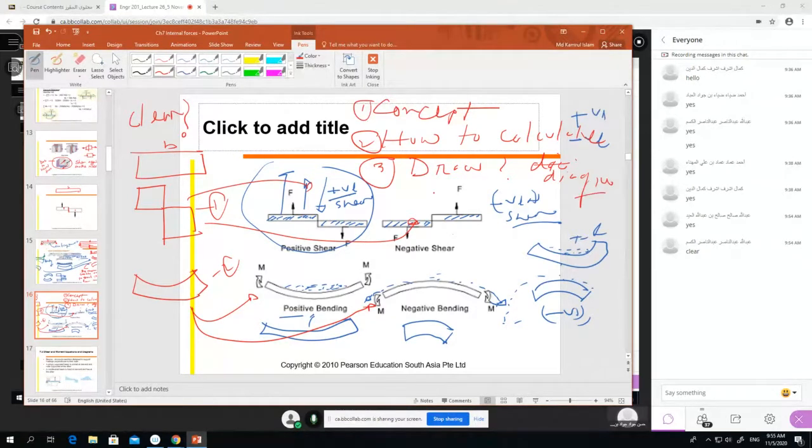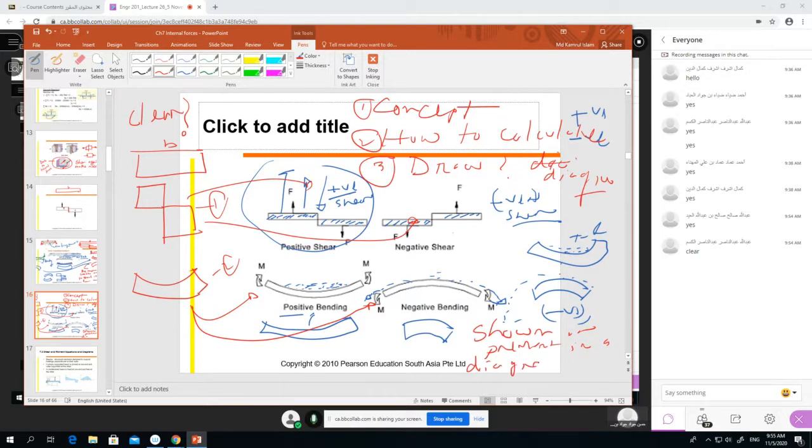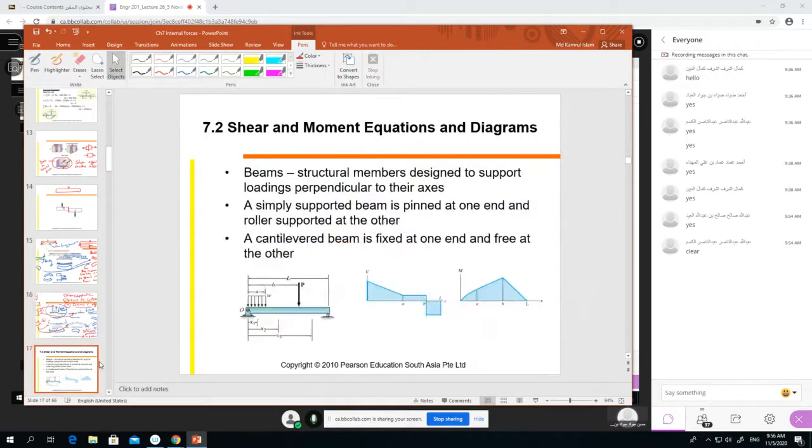The bending moment and shear force are actually represented in a diagram. So we have three steps. First, we learn the concept. Now we learn how to calculate. Third, how to draw it. Clear? Okay.